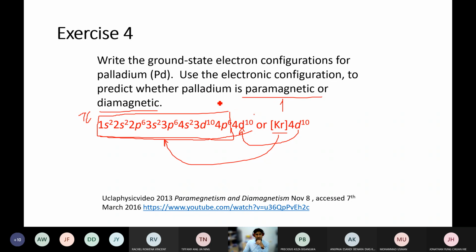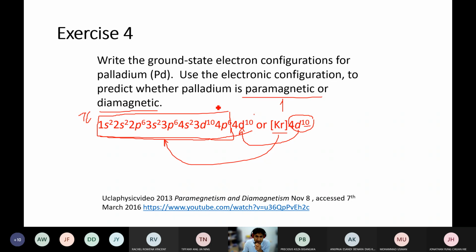So here is 4d10, and d can have a maximum of 10 electrons, because d has 5 suborbitals, so it can have a maximum of 10, and it is filled up to the maximum of 10.